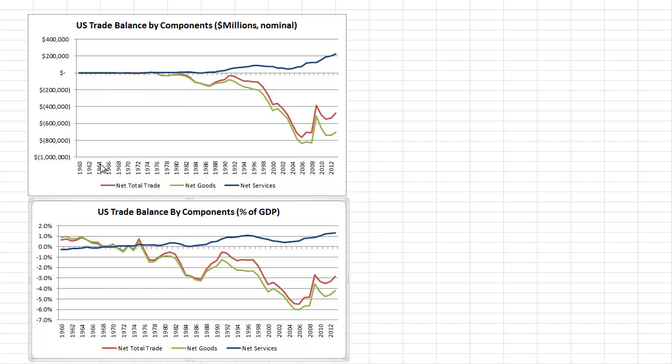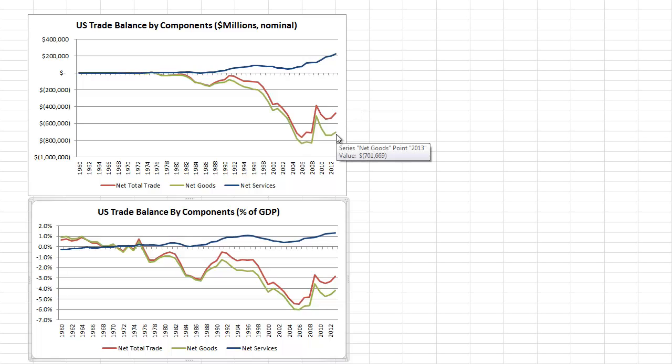Here we're looking back to 1960 all the way to 2013, the latest year that we have full data for. And you can see this big split. Oftentimes we talk about having a negative trade balance, a trade deficit in America. We import more than we export. But there's a little bit more that goes on behind the scenes.